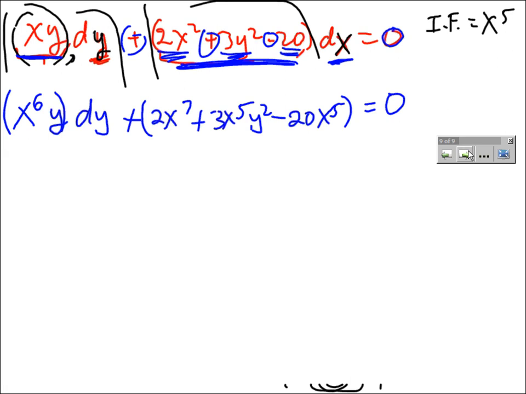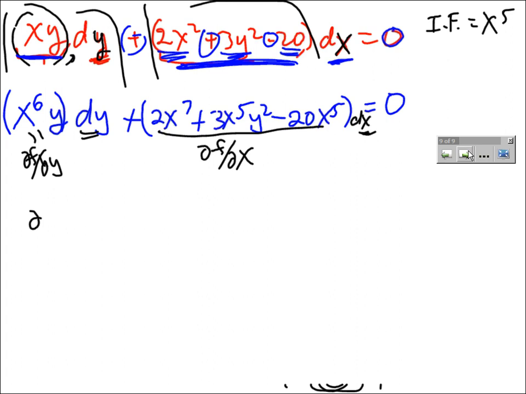You can verify that it's exact; see that the correct partials are equal to one another. Now, this is partial f with respect to y, and this here is partial f with respect to x. Now the first one looks real simple.